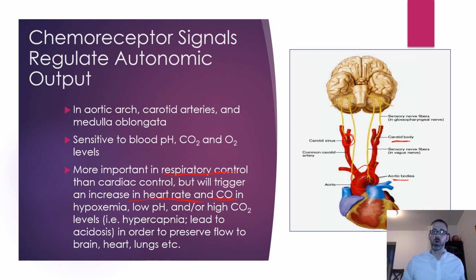So if the pressure is too low, we may not do that adequately. That's when you're going to see something like the carotid body and the aortic bodies take on a larger role in terms of controlling heart rate and cardiac output. Because in those cases, it's usually associated with a state of hypoxemia and high CO2 and so on. And this will trigger increased perfusion to the brain, the heart, and the lungs to help sustain and help keep the person alive.